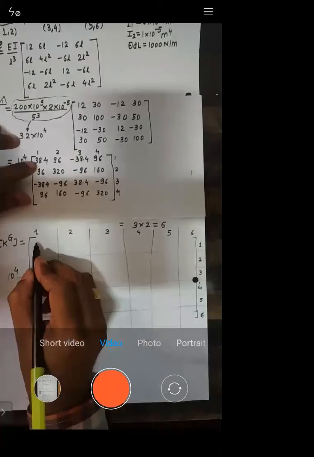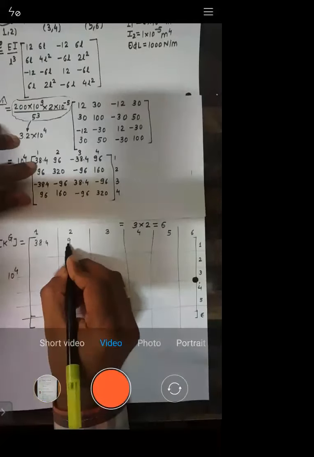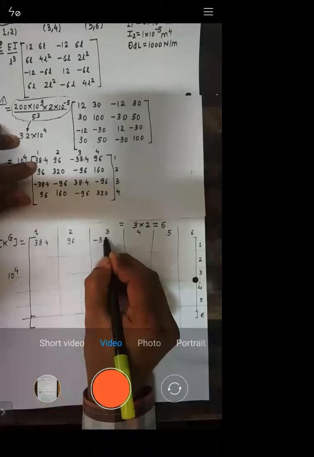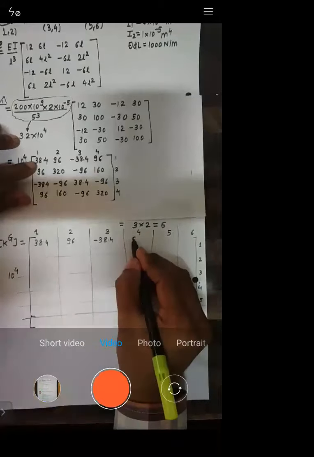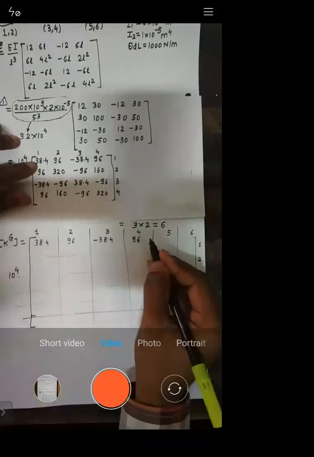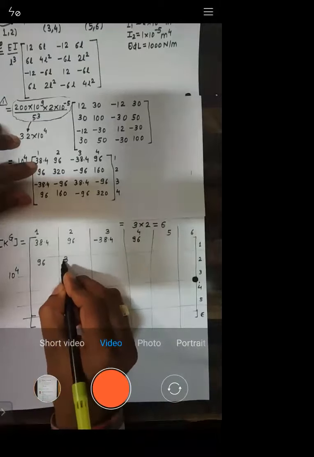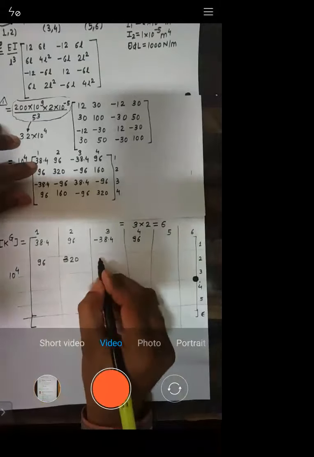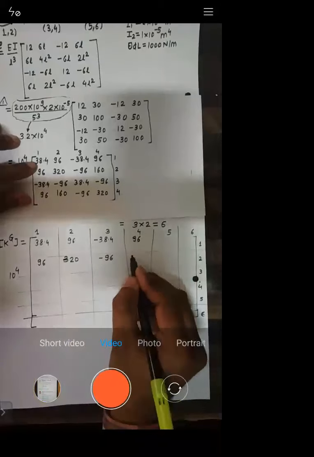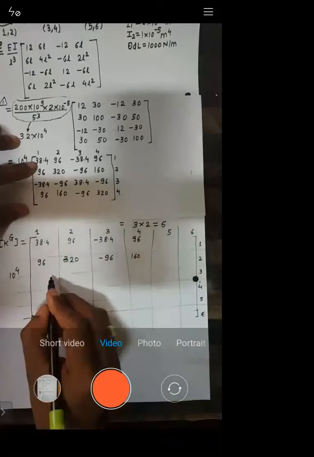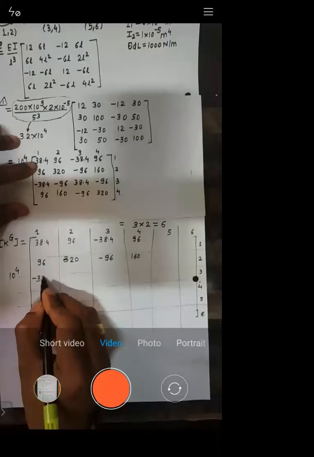So here I will write down 38.4, 96, minus 38.4, 96, right? Here I'll get 96, 320, minus 96, 160, then minus 38.4, minus 96.